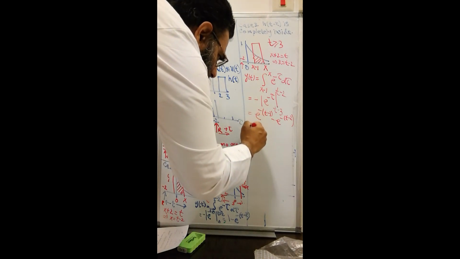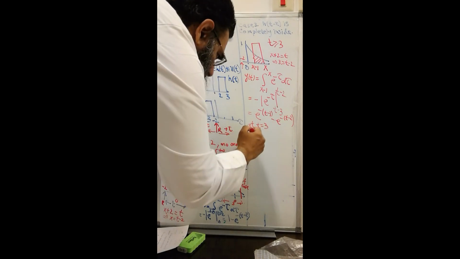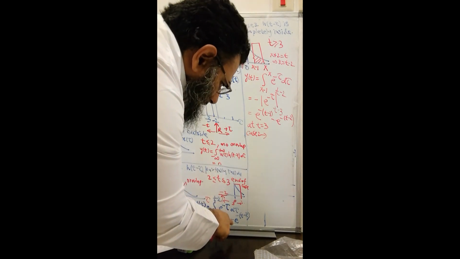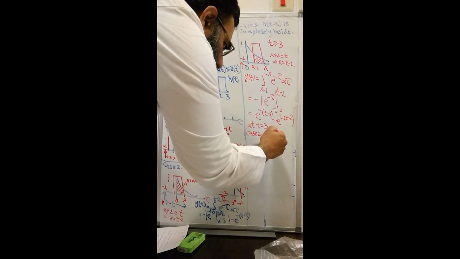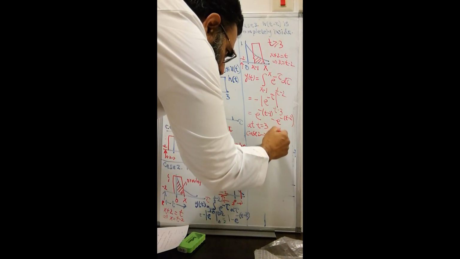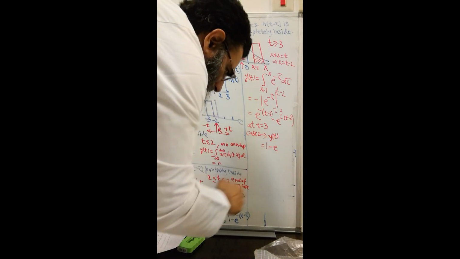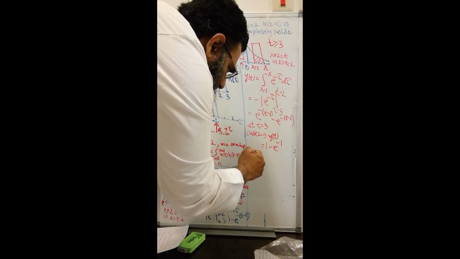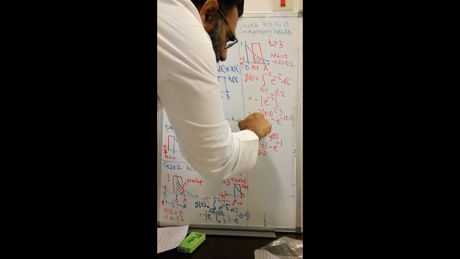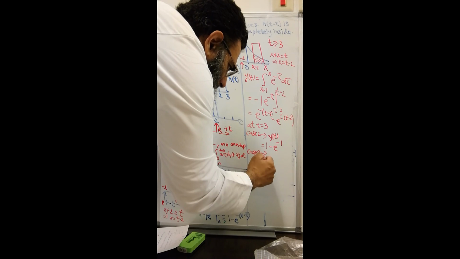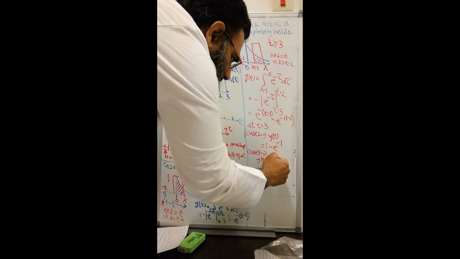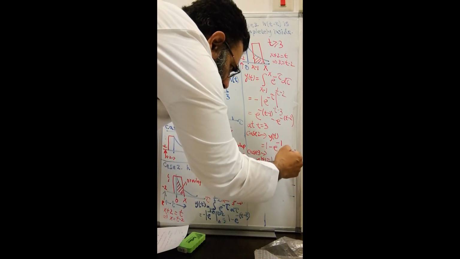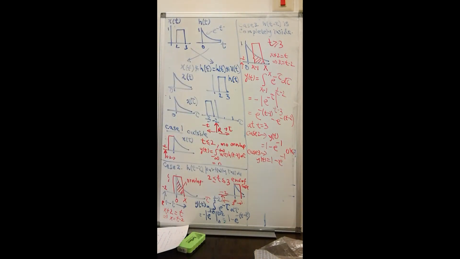So at t equal to 3, from case 2, y of t equals 1 minus e raised to the power minus 1, and from case 3 it will also be 1 minus e raised to the power minus 1. So our answer is okay.